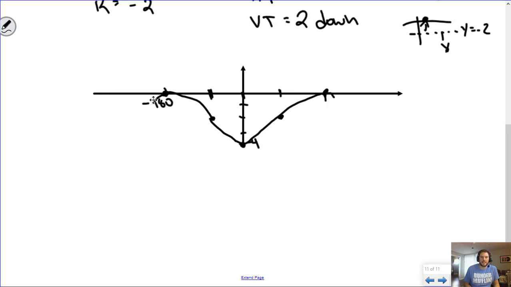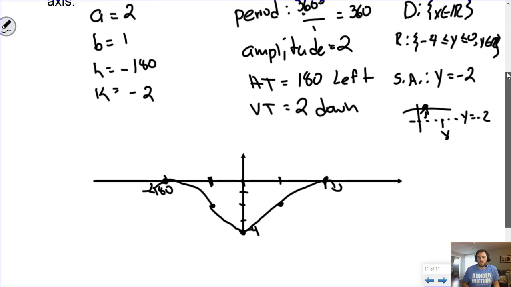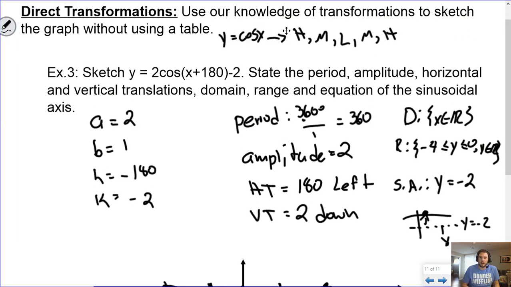Again, instead of trying to make a table and then calculate the values algebraically, we can use this pattern of high, middle, low, as long as you know what the points are. For my original cos x, the high was 1, the middle is at 0, the low is at negative 1, and then back to 0, and then back to 1. For my original sine x, the pattern shifts.